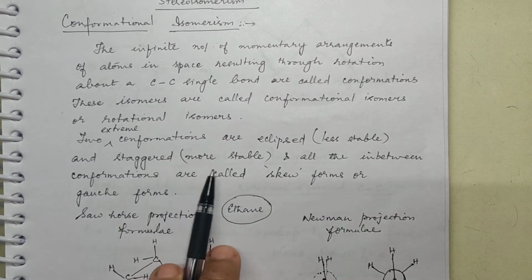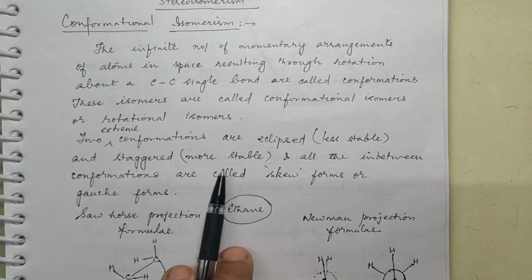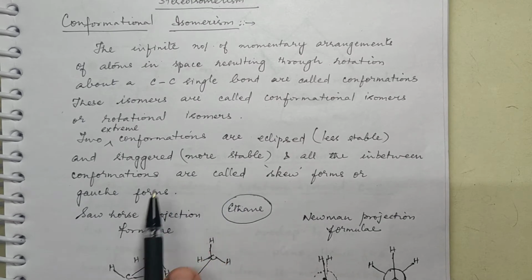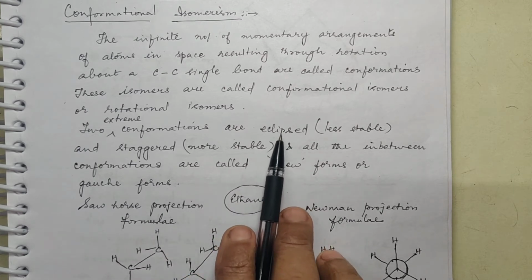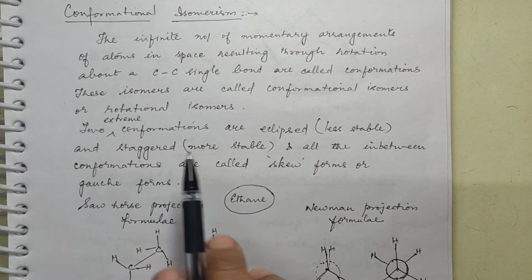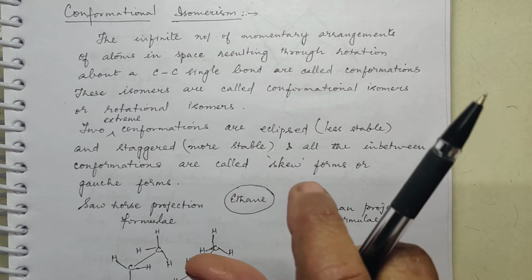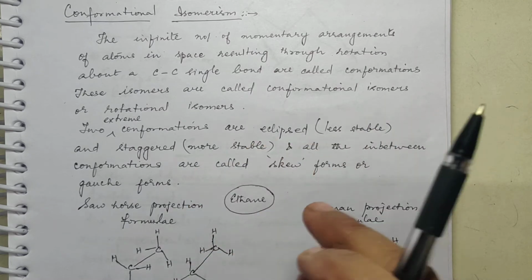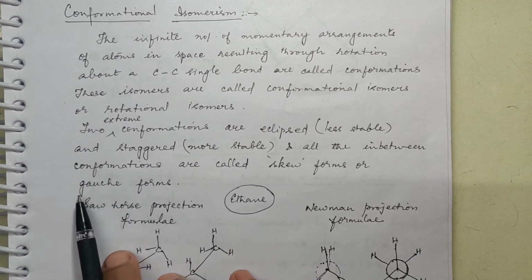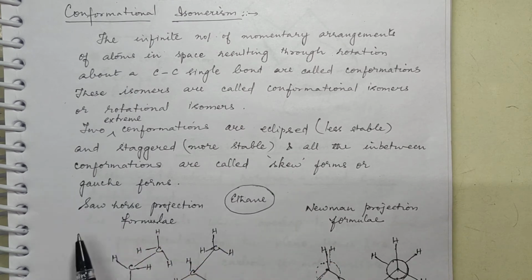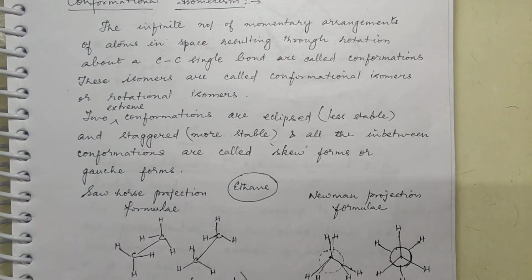Whereas staggered conformation is more stable because electron clouds will be comparatively far away from each other, and that is why it is more stable. And between eclipsed and staggered conformation, you have various other rotamers or rotational isomers. What are they called? They are all called skew forms or gauche forms. Okay, skew or gauche. You can name them like this.